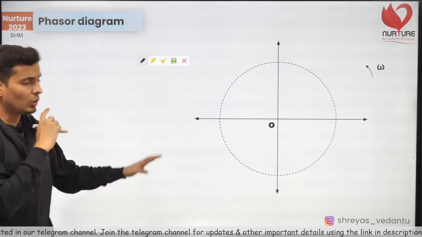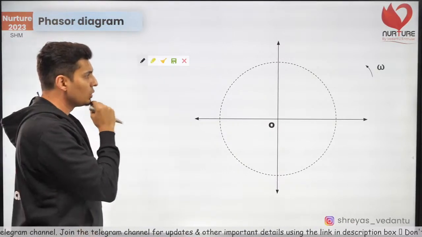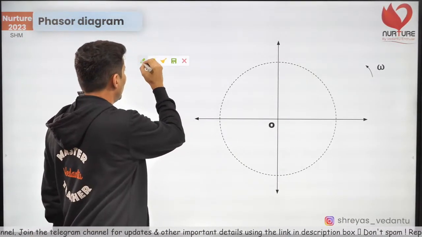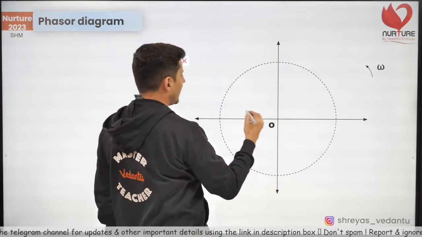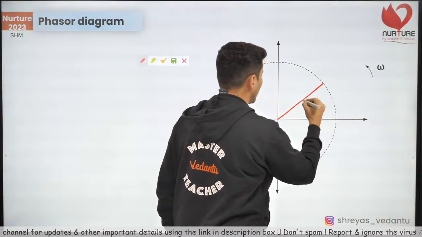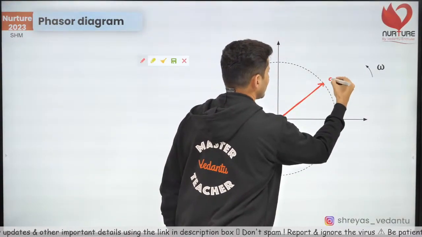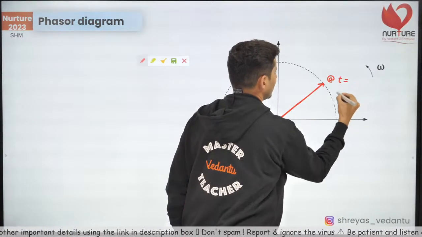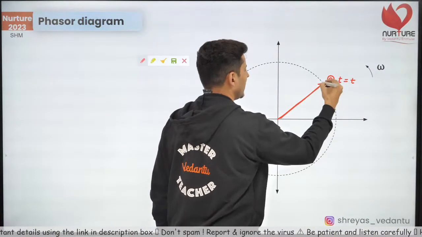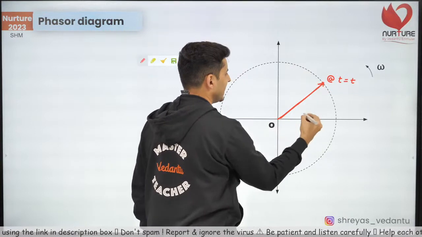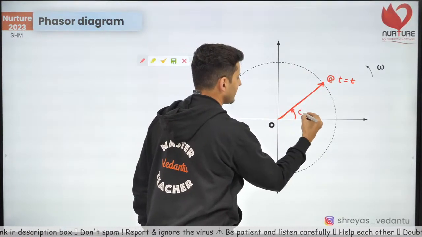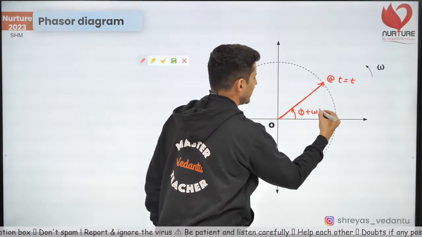Okay, now going back over here, let's see what we can do. All right. Now, if I show an arrow mark right over here, this is basically at time t is equal to t. This particle might be going this side. This entire angle is phi plus omega t.